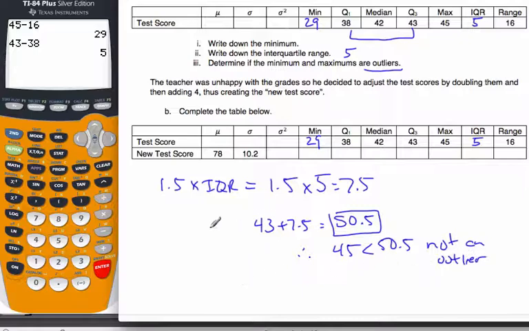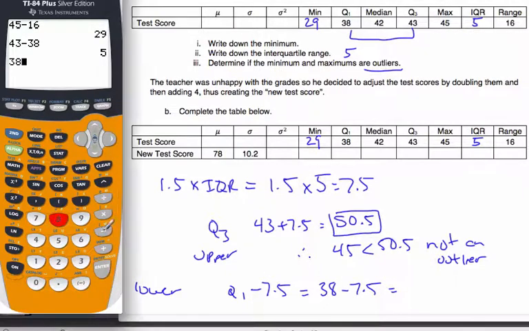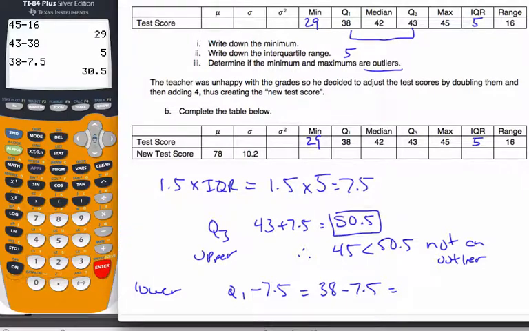Looking on the other end, so this was the quartile 3 in the upper region. If I look at the lower region now, I take my quartile 1 minus 7.5. So quartile 1 is 38 minus 7.5. And that gives me 30.5.